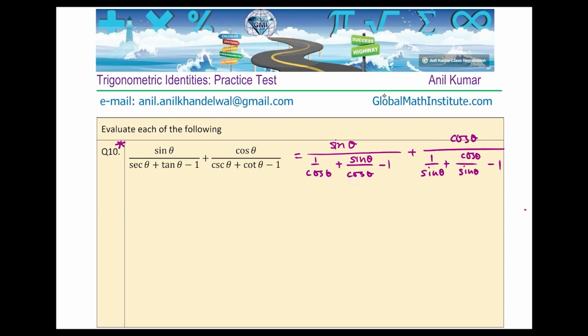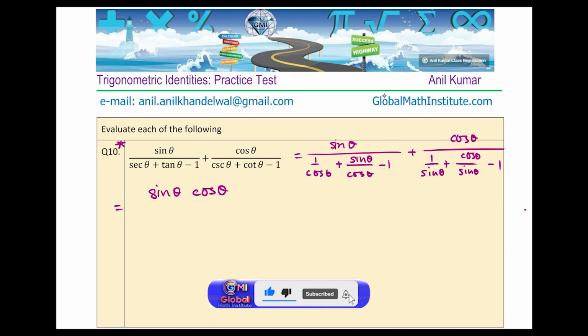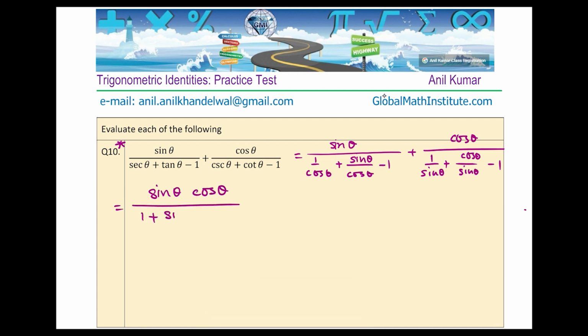So in the first expression, we have sine theta, and cos theta is in the denominator. I can take it up and we can write this as sine theta cos theta, and the denominator becomes 1 plus sine theta minus cos theta, correct?